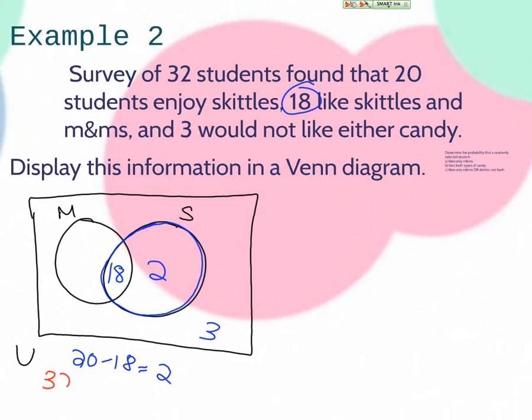So if I take 32 and I subtract the 18 that like both, I subtract the 2 that only like Skittles, and I subtract the 3 that don't like any, I end up with 9 left over. And it doesn't hurt to double check to make sure that all of this adds up to 32, but that's where we got it. So 9 students only like M&Ms.